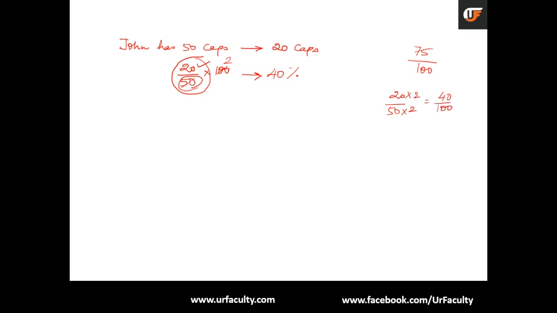So rather than multiplying numerator and denominator with a factor, the easiest way would be to multiply it by the factor that should be the base. I'll repeat it. Let's say the question is now changed to John has 30 caps and he sold 20 caps.